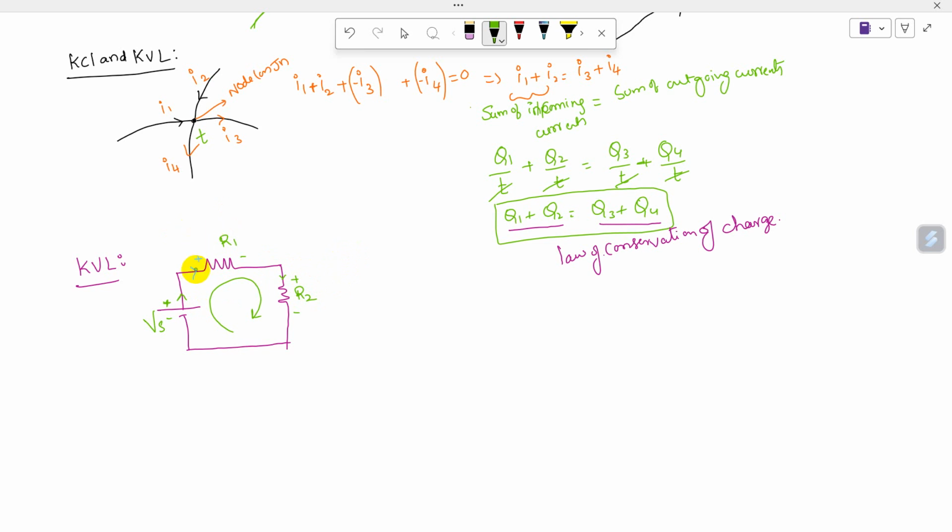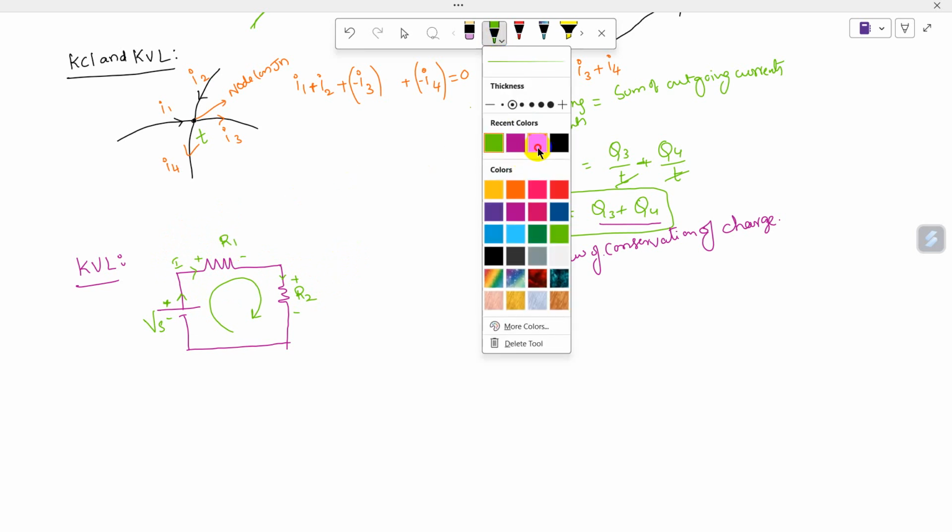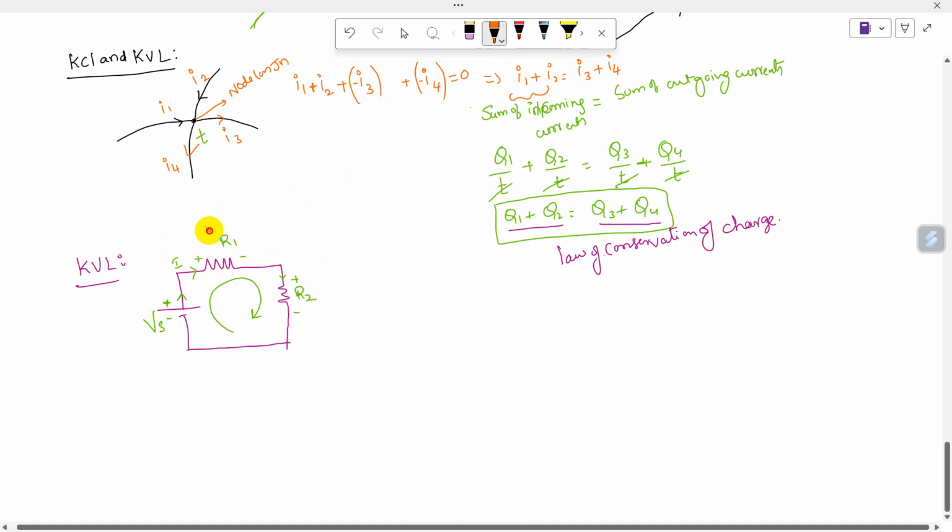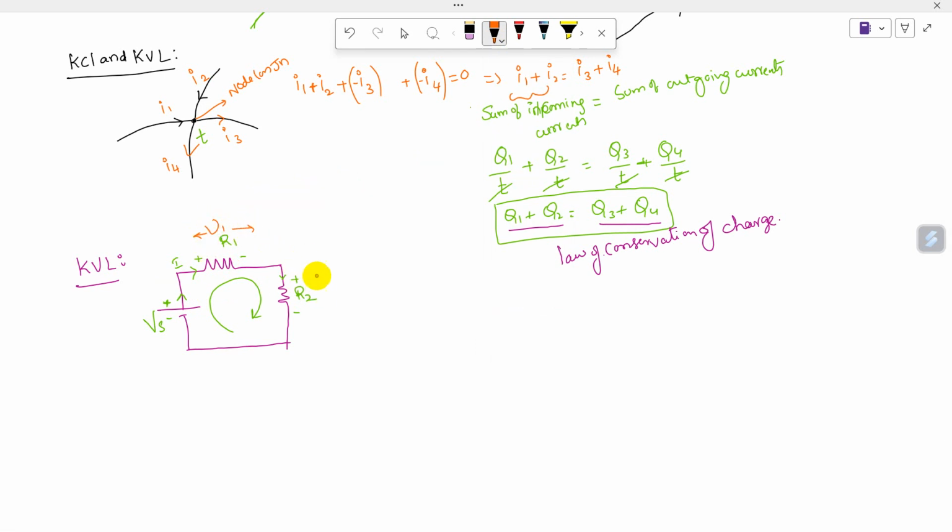From Ohm's law, current I is flowing through R1, so there is a drop across R1 taken as V1, and drop across R2 is taken as V2. According to the KVL, the algebraic sum of voltages in a loop must be 0.